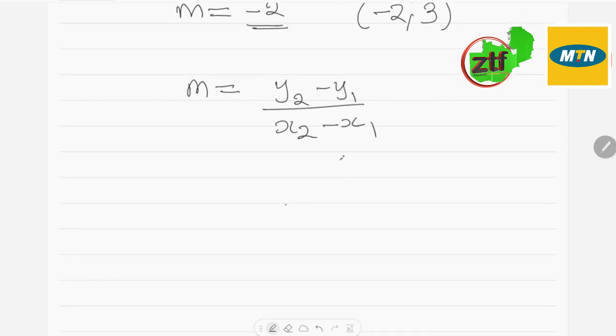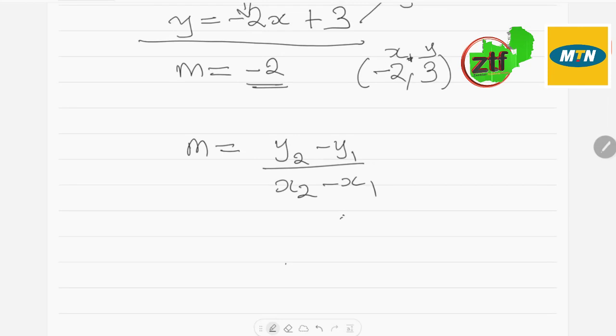So we are going to use these points to find the equation of a straight line by saying y minus 3, the y value here, everything over x minus the x value there, negative 2. It should give us the gradient which we have found, negative 2. That is the simplest way we can go about this.